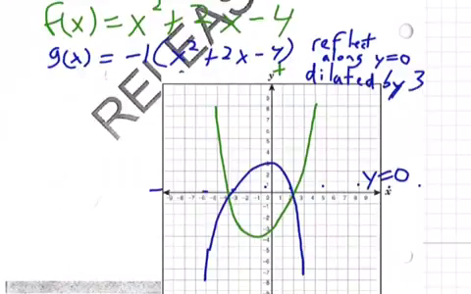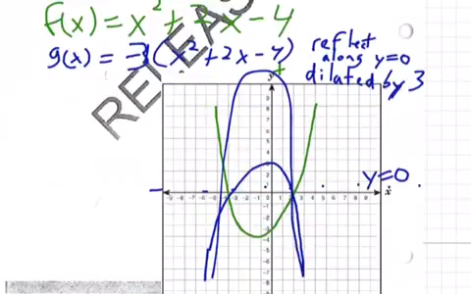So dilated by 3, because it was really a negative 3, wasn't it? So now what that does is that actually makes this go up way higher than it did before, because it's tripling each of those numbers. So we could say reflected along y equals 0, it's dilated by 3, and then it was translated up 2 units.